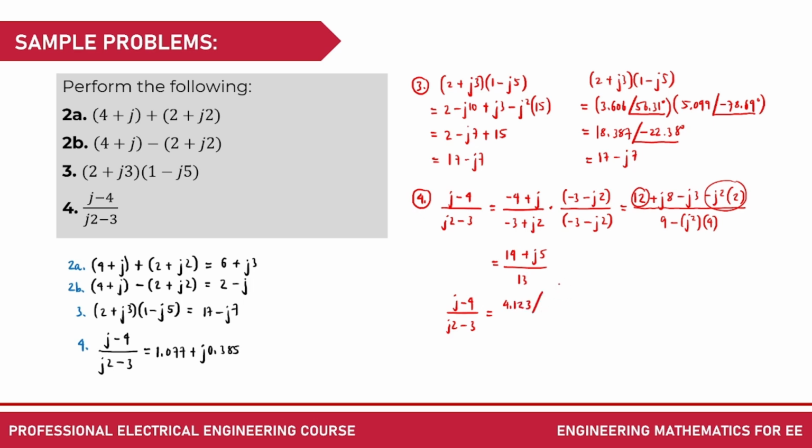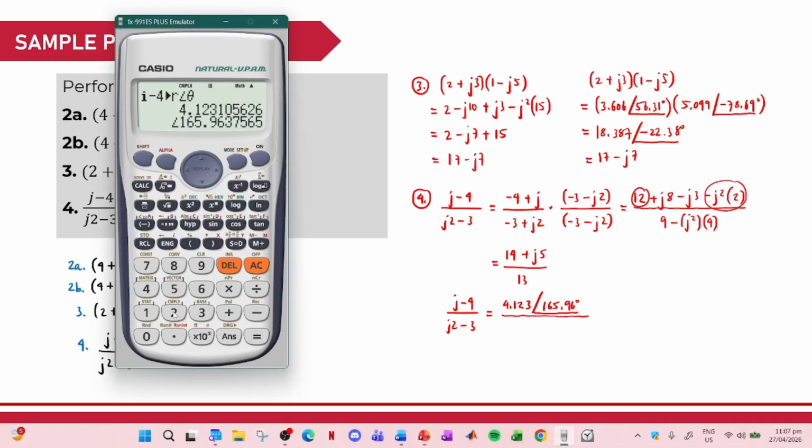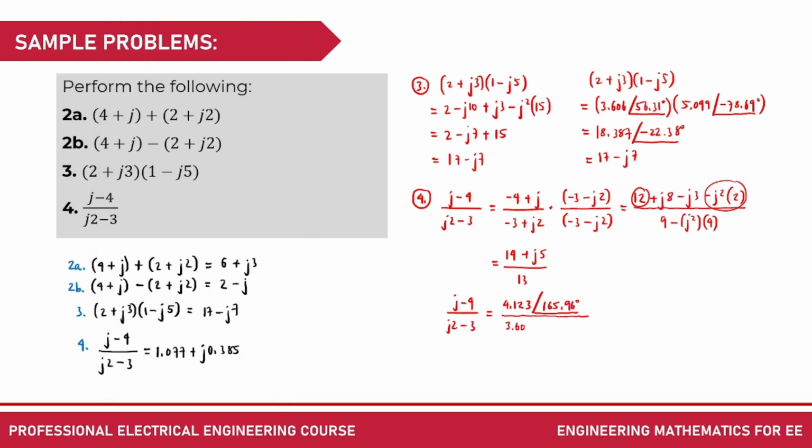Remember, I'm showing you this because there are some aspects in electrical engineering that make more sense when it comes to electrical quantities regarding the approach of changing from polar to rectangular. And then j2 minus 3, so we have this one as 3.606 angle 146.31.